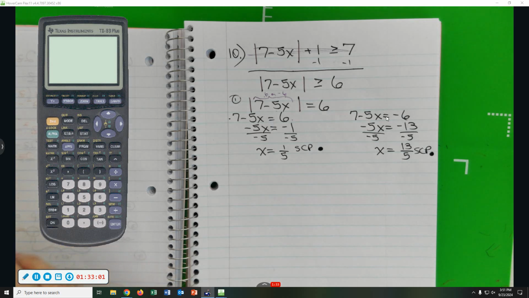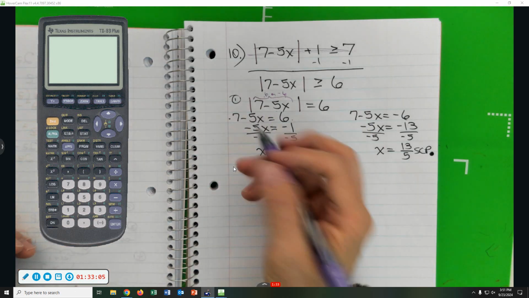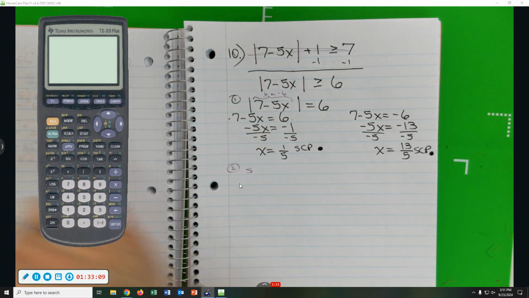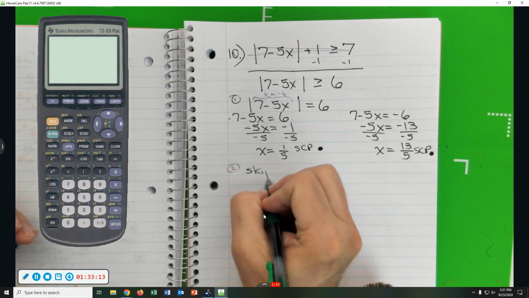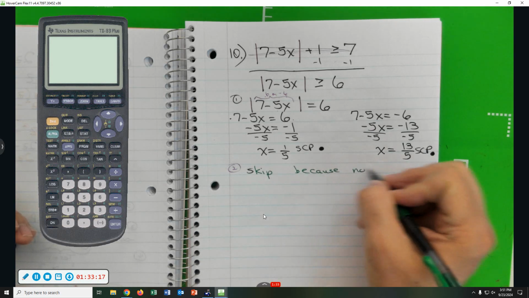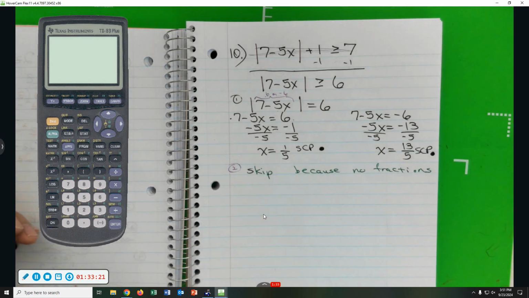And what do we say about the second step? We're going to skip it because there are no fractions. Now, even though we're calling it the second step, we don't always go in that order. The view and example, sometimes they find the denominator cut points first, sometimes they find the solution cut points.